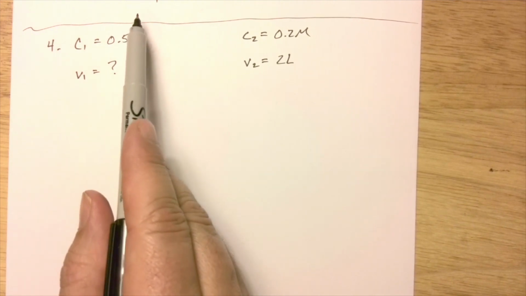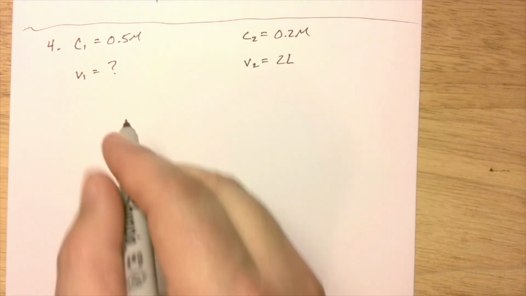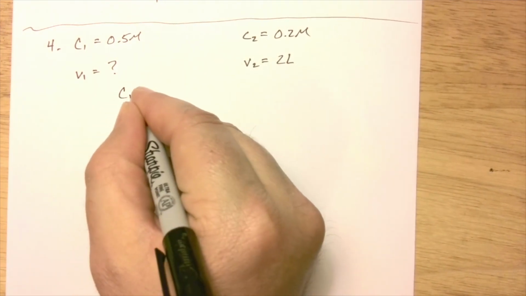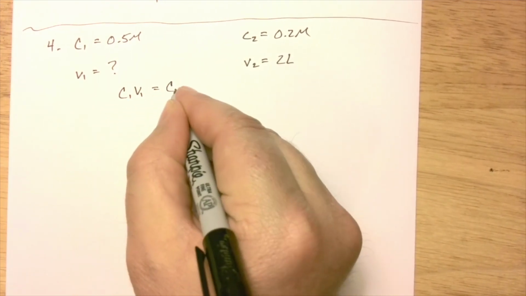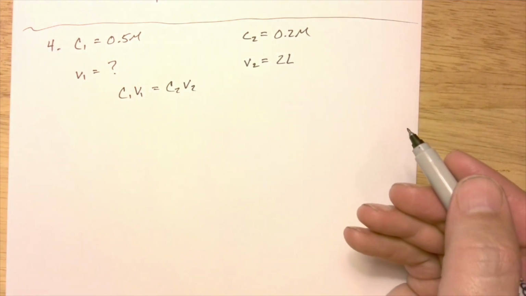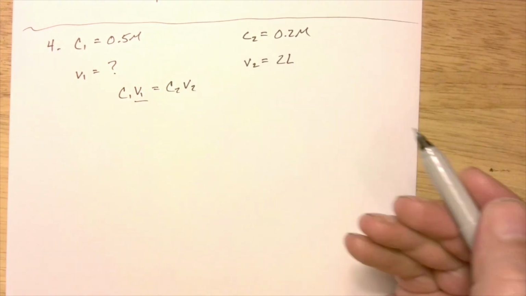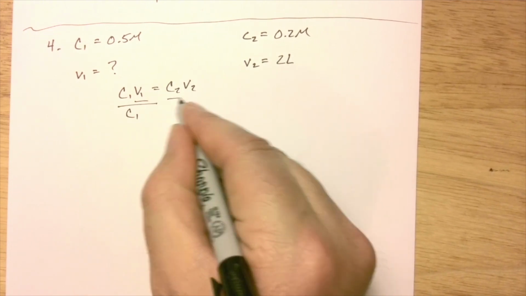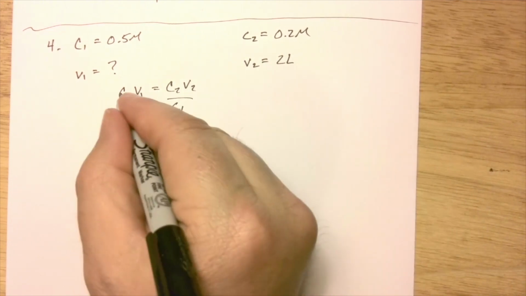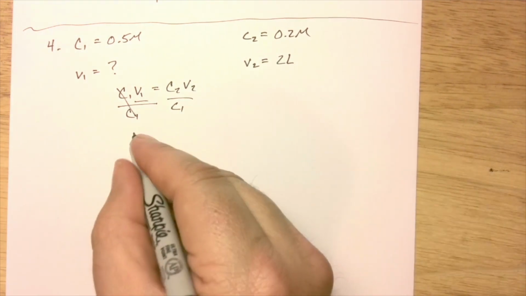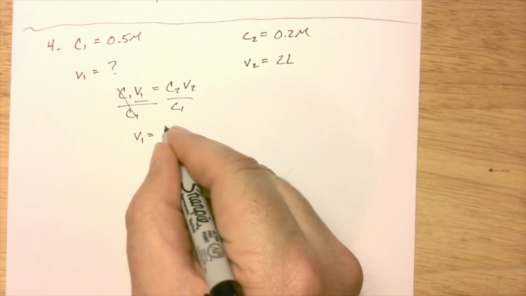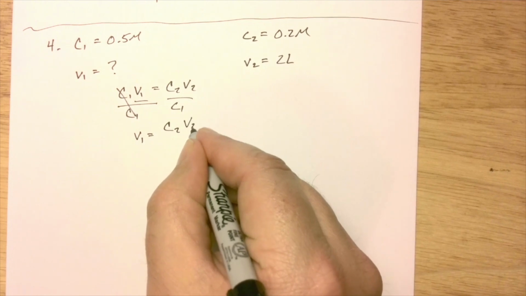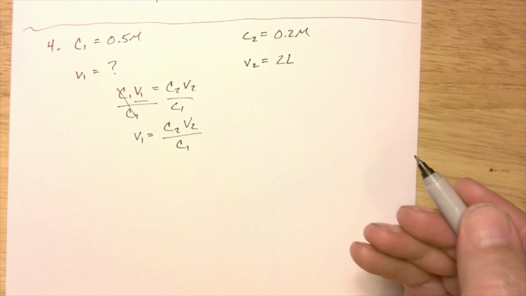So it's basically the same thing as what we did previously. So you have C1 V1 is equal to C2 V2. Again, we're trying to solve for V1. So we need to get rid of C1. These two will cancel out. So V1 is equal to C2 times V2 all over C1.